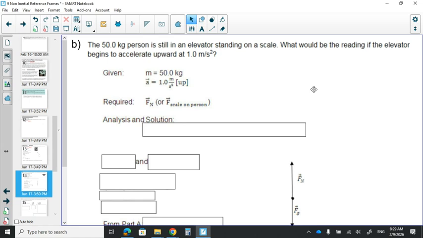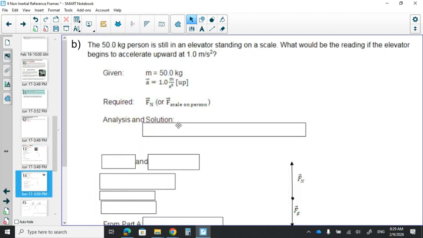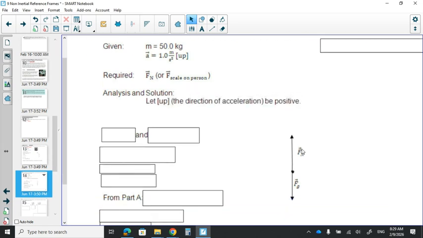Now if we have the elevator accelerating upwards, that's going to change things. We're going to have an acceleration upwards, so we don't have a net force of 0 anymore. We have a net force of ma, right? We let the upwards direction be positive because that's the way we're accelerating. We have F net equals ma, and we also have F net equals the sum of all the forces.